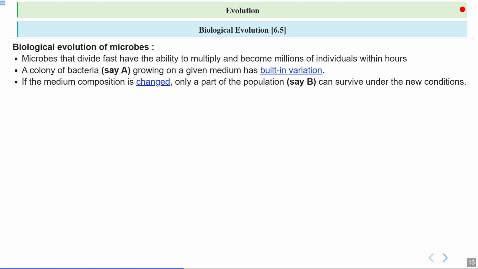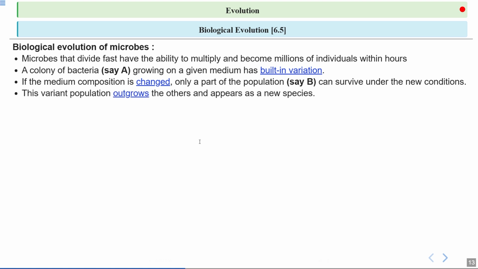The rest of the bacteria will perish. And the population of bacteria B will grow larger, because they will keep on multiplying.